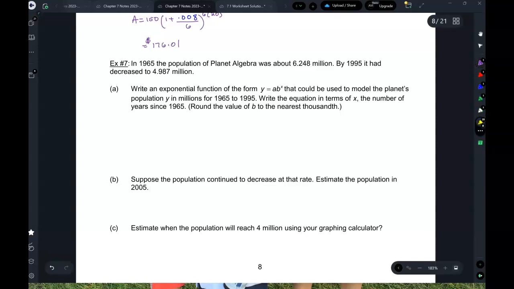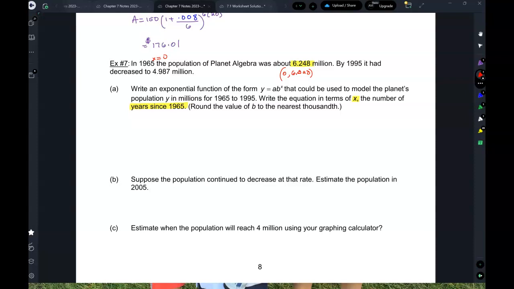The initial amount in 1965 is this. X is the number of years since 1965, so in 1965, X is 0. That's the point (0, 6.248). That's my y-intercept, my initial value.